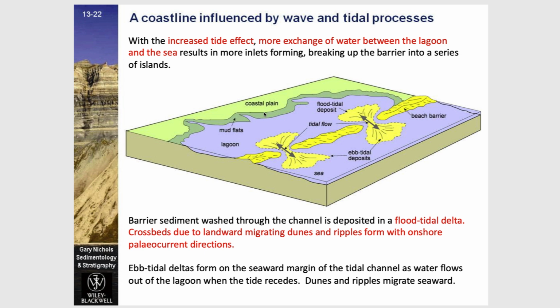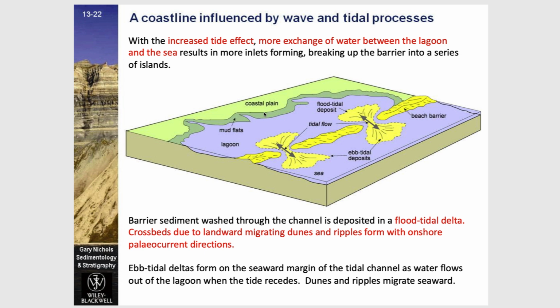So you form flood tidal deposits in the lagoon, but ebb tidal deposits will be more on the seaside, and this often leads to more complex depositional systems.